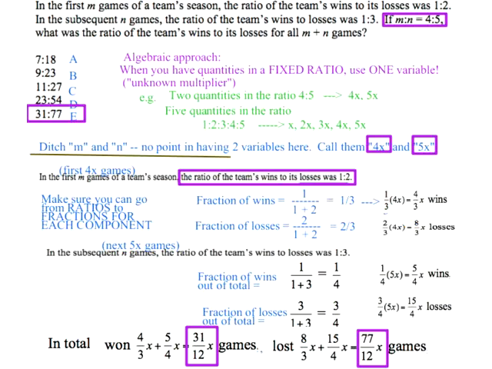I'm kind of taking it for granted, but writing things like this is a big thing. You need to label things, definitely a big deal, because if you just have random fractions all over the page, by the time you get to the end of it, you're not going to remember what anything is.